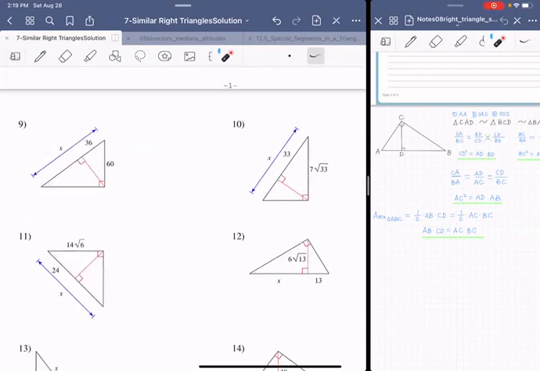Debbie, number 9. Hold on. 60 squared equals 36 times x. 60 times 60 over 36.